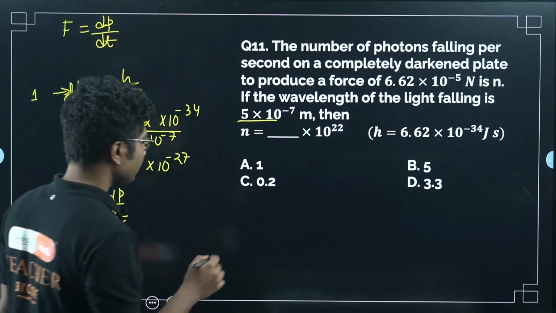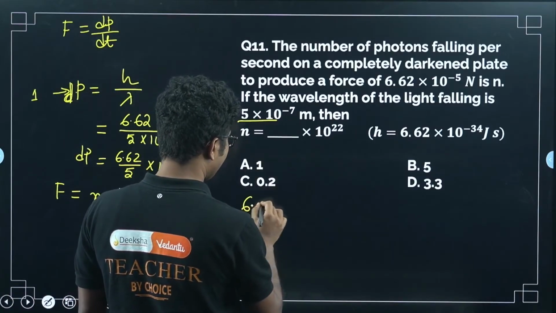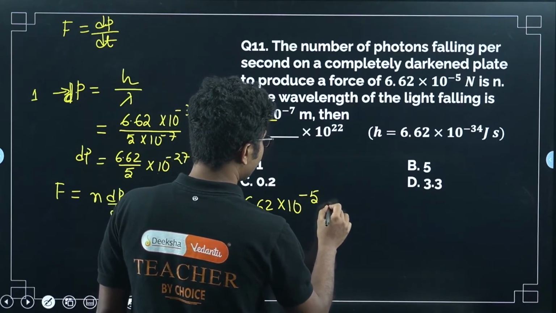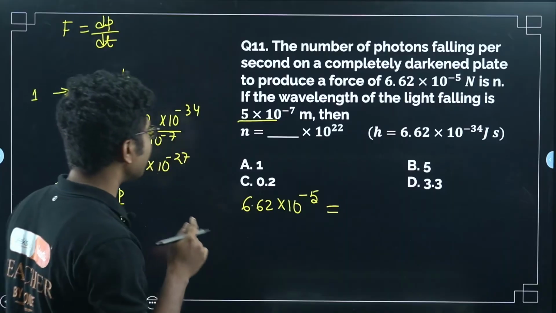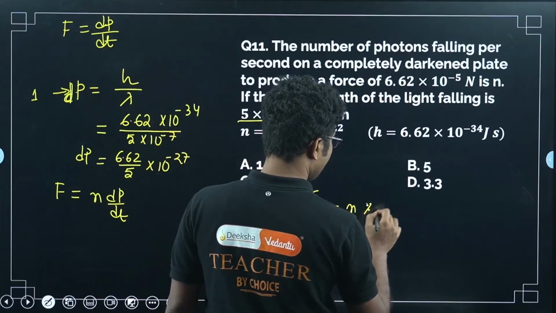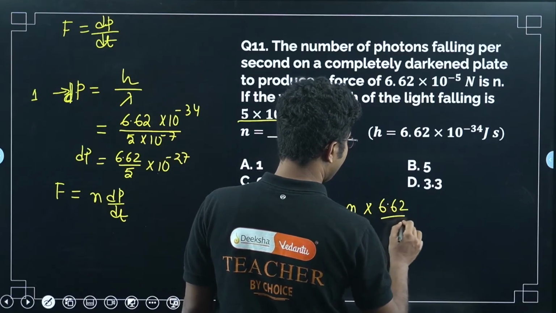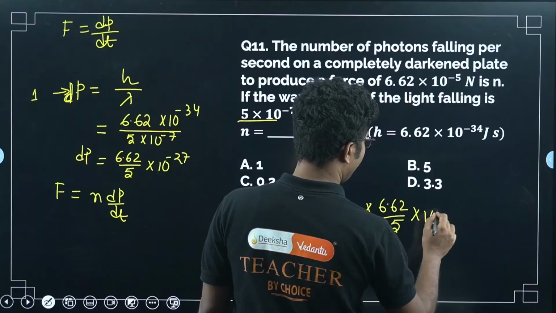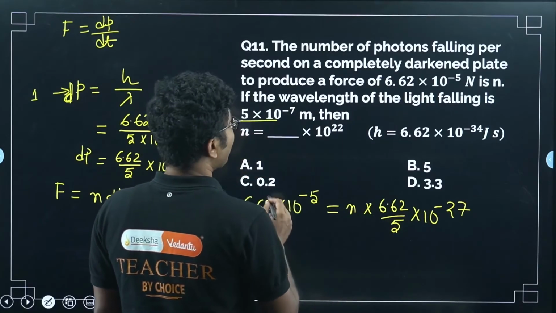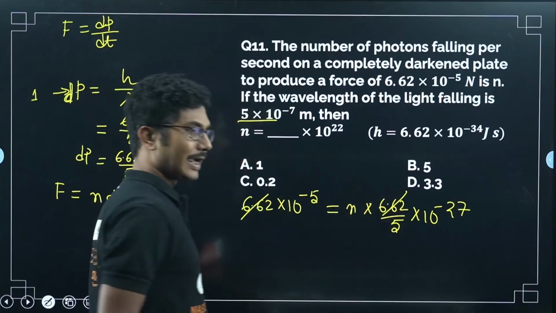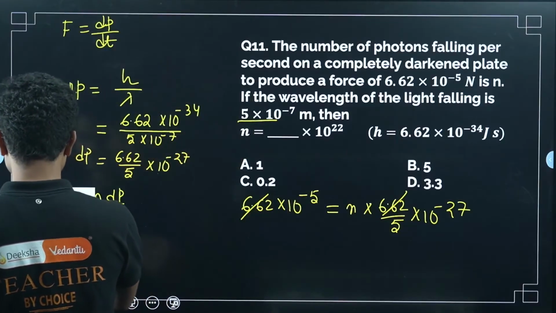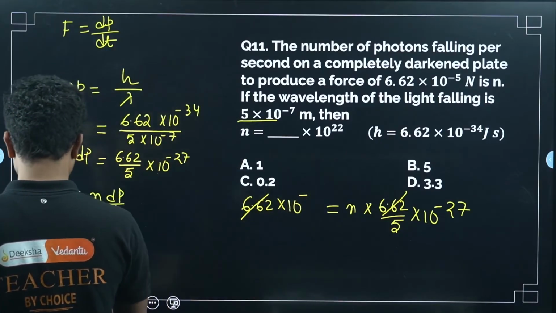Now what is F? F is given 6.62 times 10 to the power of minus 5. So that is equal to n times 6.62 by 5 times 10 to the power of minus 27. 6.62 and 6.62 cancel. That's why I have not done that. Sorry, this is 10 to the power of minus 7, my mistake.